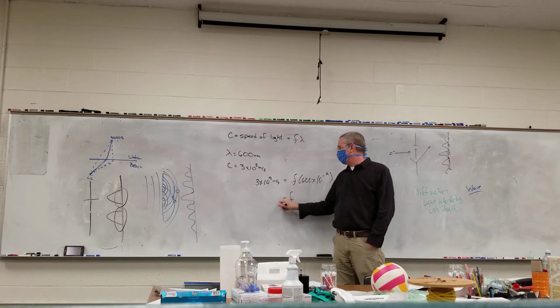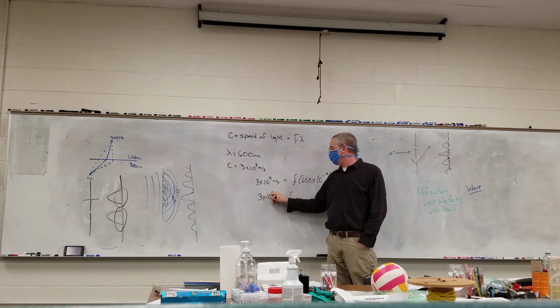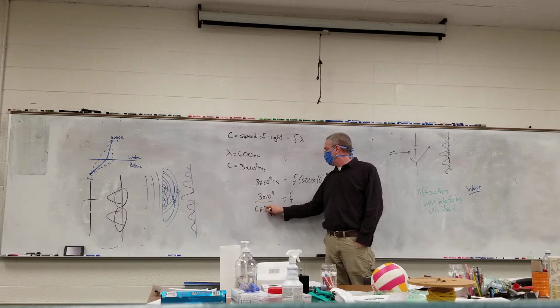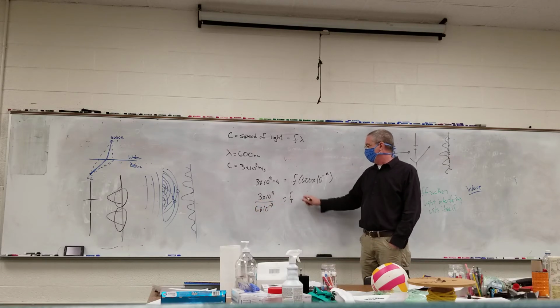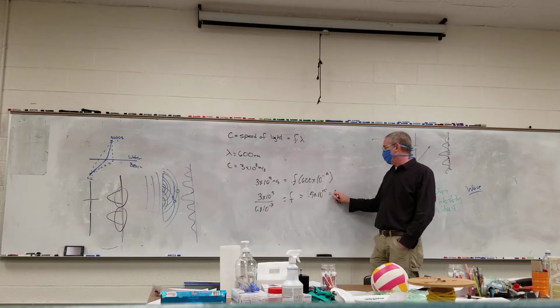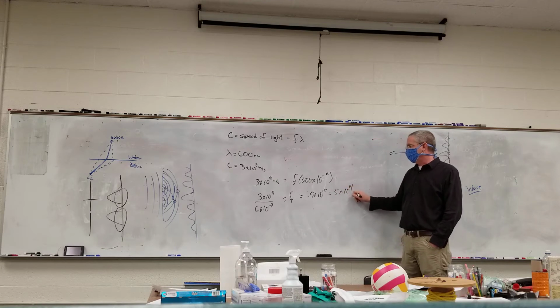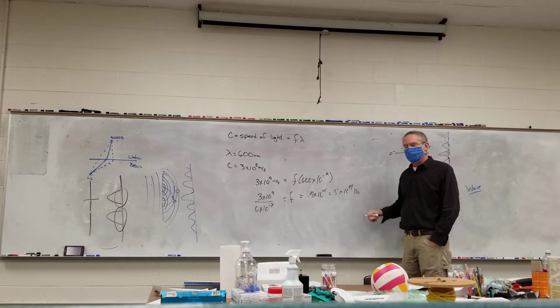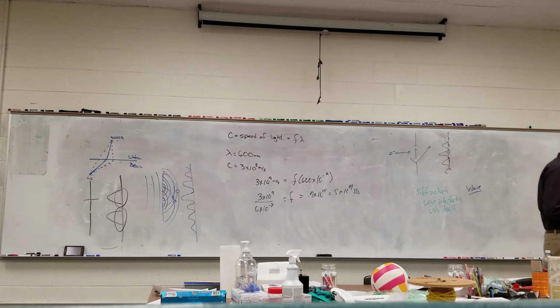And so my frequency becomes 3 times 10 to the 8th over 6 times 10 to the negative 7th, which is 0.5 times 10 to the 15th, or 5 times 10 to the 14th hertz. So these electric and magnetic fields creating and destroying each other, constantly, they're doing it 5 times 10 to the 14th times a second.